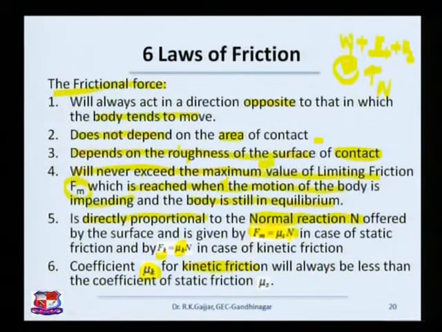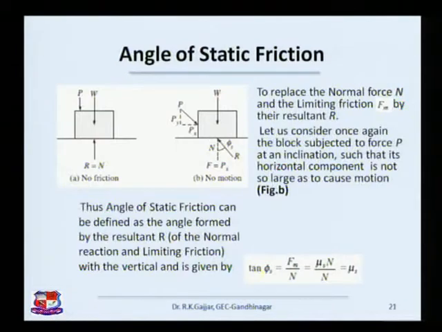Kinetic friction will always be more or less? Less than your coefficient of static friction. Why? Because Fm is going to drop to Fk, and therefore it clearly shows that mu k will always be less than mu s.